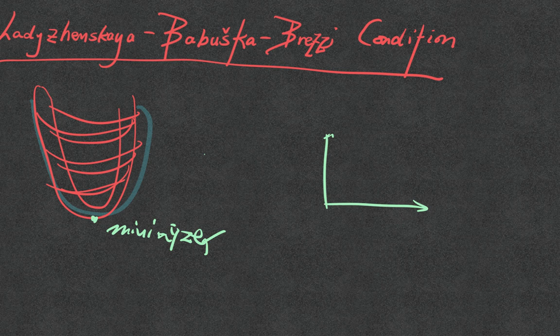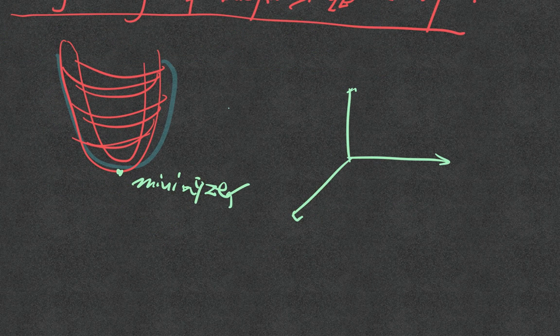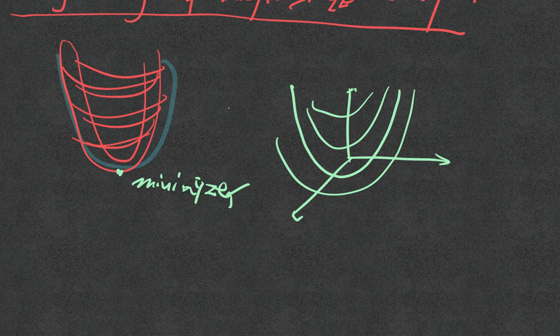Imagine that you have two axes. This is not a physical axis, just a degree of freedom axis. So along this axis, I want to minimize. And then along the other axis, x or maybe y, I want to maximize.